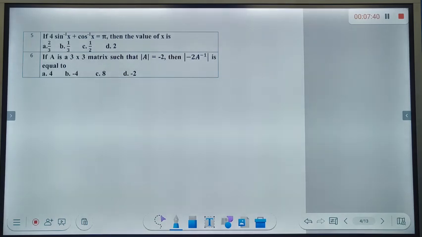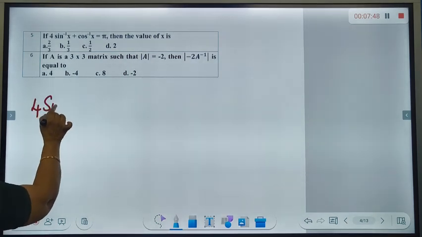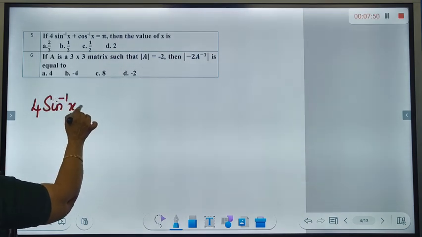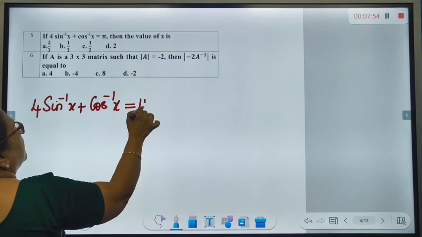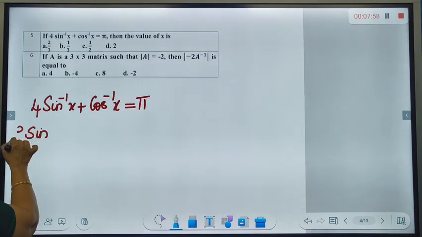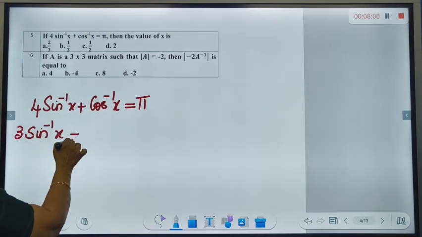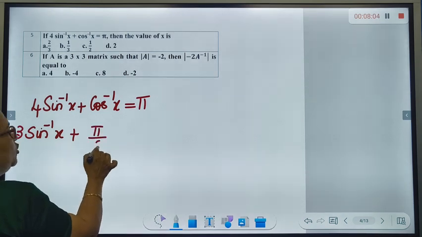Now, for sine inverse x plus cos inverse x is pi, you have to find the value of x. So for sine inverse x plus cos inverse x equal to pi, I can write this as 3 sine inverse x plus 1 sine inverse x will combine with cos inverse x to give you pi by 2.